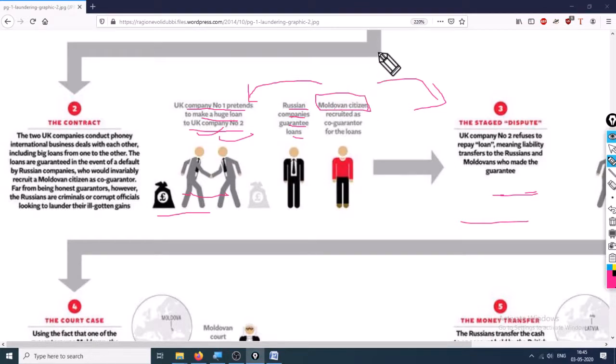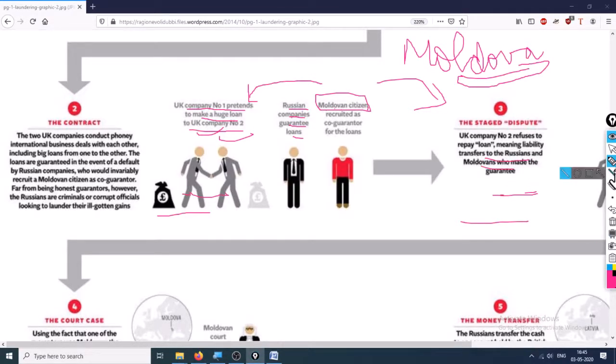Moldova is a country in Eastern Europe, formerly part of the Soviet Union. I'll tell you why they chose this Moldovan citizen. Now the staged dispute: the company refused to pay the loan.